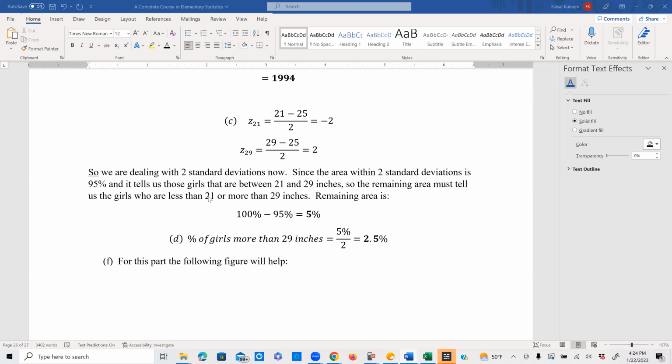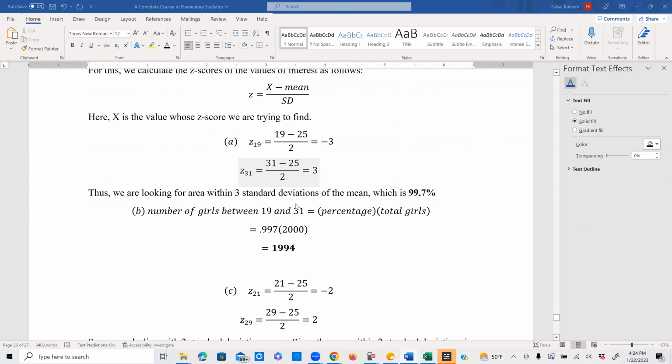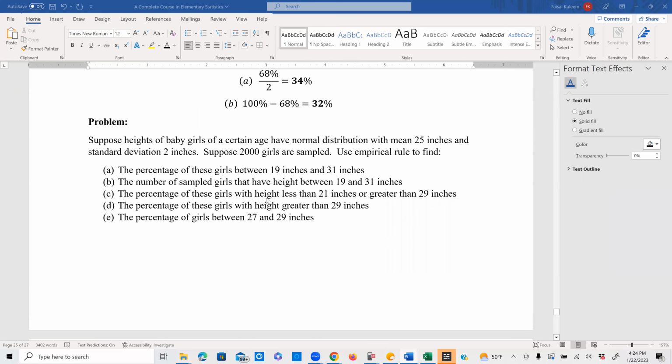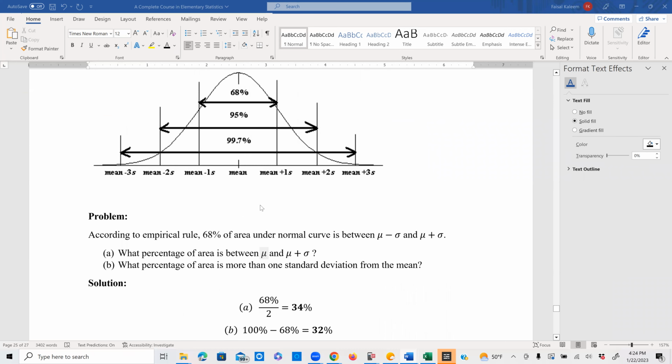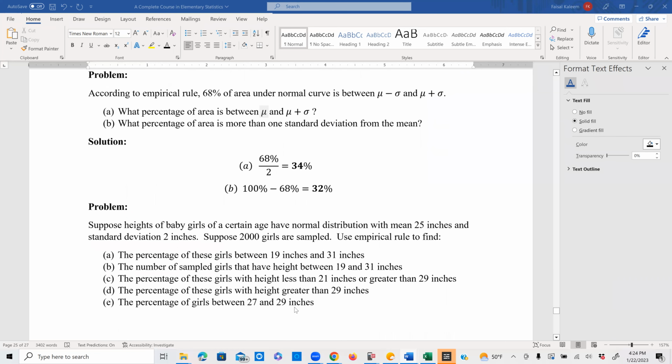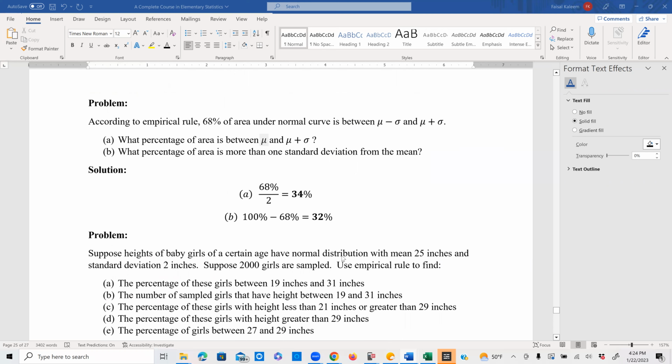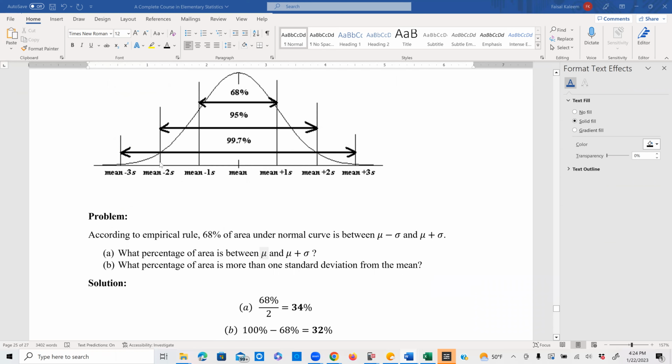And then in D, they ask the percentage of girls who are more than 29 inches. In the previous part, we found the ones who are less than 21 or more than 29 inches. And so less than 21 was on this side and more than 29 was on this side. And that total came out to be 5%.